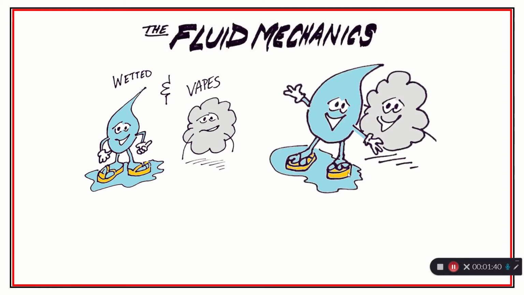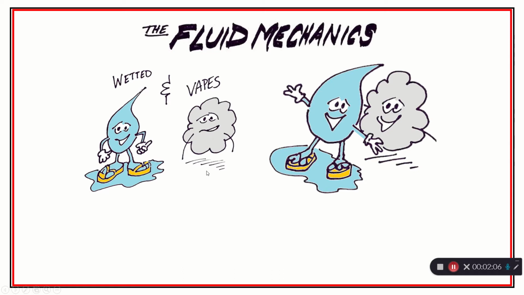Some of the hilarity here is that this water droplet's name is Wet Ted. See, my name is Ted, so that's why that's funny. He's wearing shower clogs, shower thongs, and he's got a pool of water around him. I call them hamburger helper hands, or like SpongeBob SquarePants hands. And he's got his buddy Vapes, who is a floating little cloud.